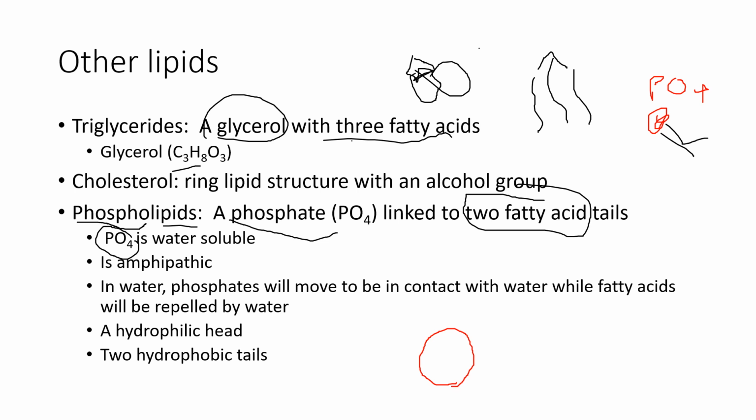Then you would end up making a sphere with phosphates on the inside. And between the phosphates, you would have your fatty acid tails here. Fa for fatty acid. And so you have what we call a phospholipid bilayer.